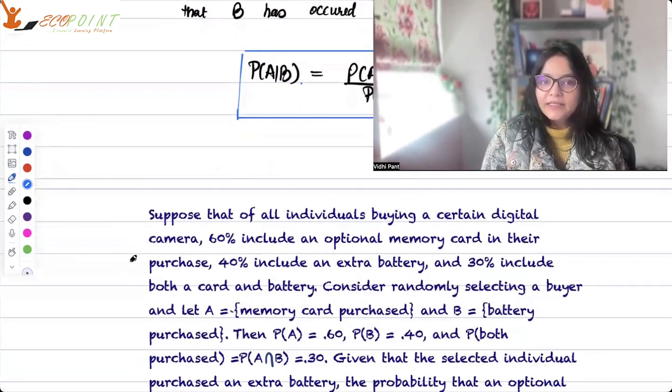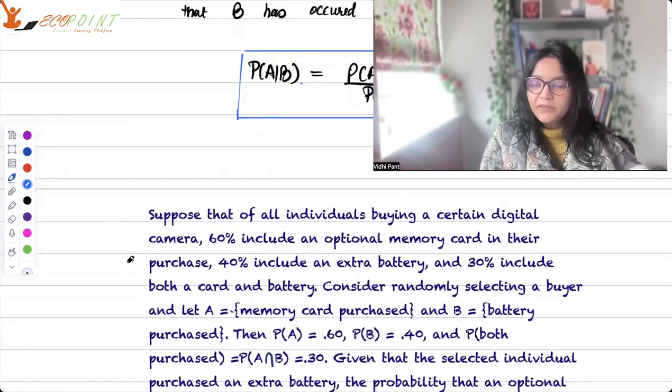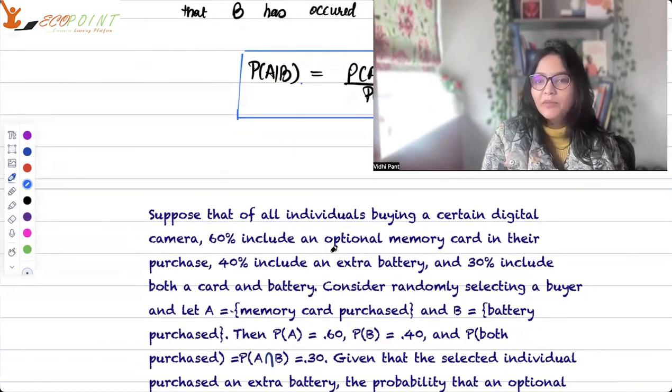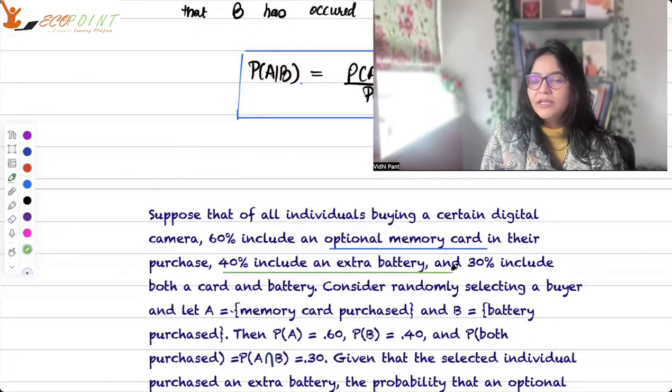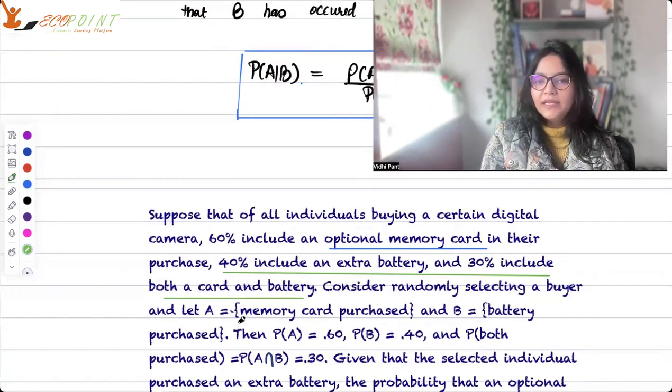Let's finally take another example to understand the situation better. Suppose that of all individuals buying certain digital cameras, 60% include an optional memory card in their purchase, 40% include an extra battery, and 30% include both card and battery. Consider randomly selecting a buyer, and let A be memory card purchased, B be battery purchased.